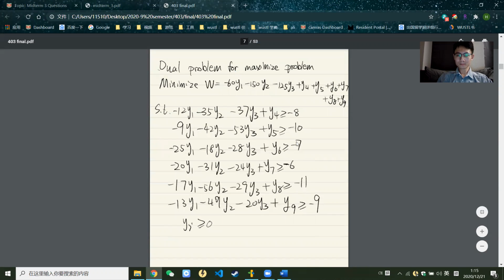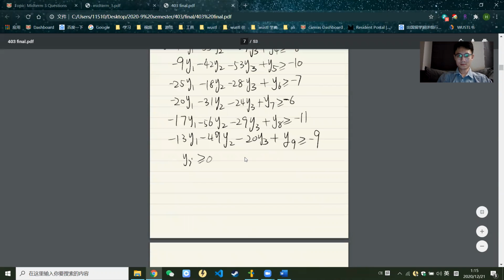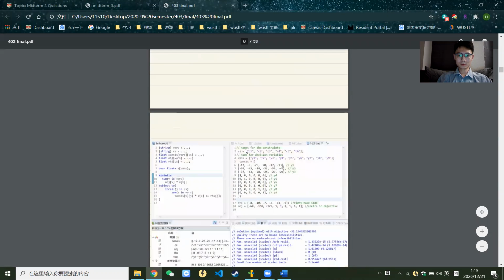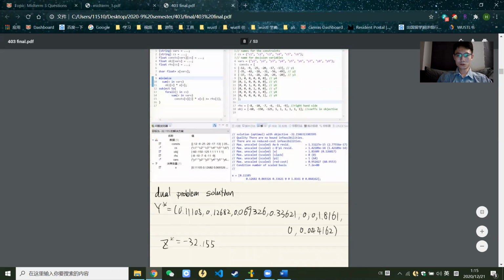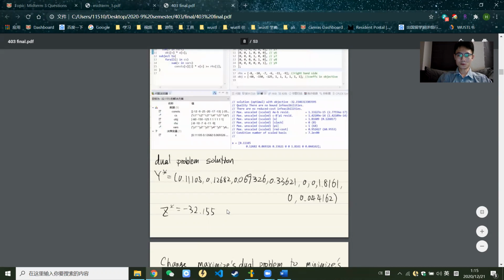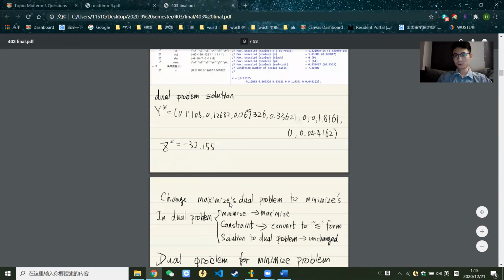And here, these are the original coefficients in the objective function, and that's it. So this is the implementation. And the solution of the dual problem, which is a shadow price, and the z star remains the same as the primal problem.